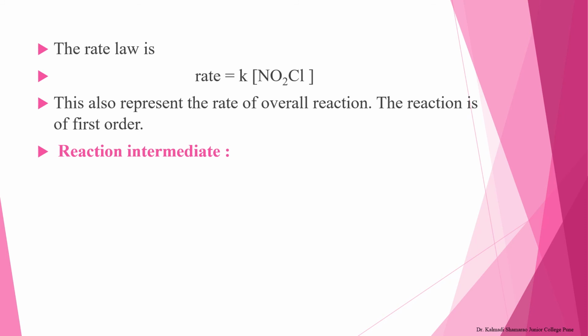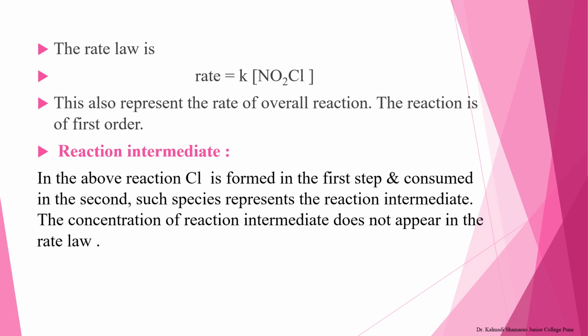In this reaction, Cl is formed in the first step and is consumed in the second step. Such species represent the reaction intermediate. The concentration of the reaction intermediate does not appear in the rate law.